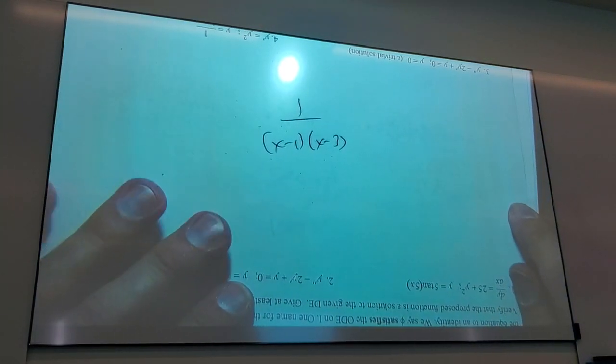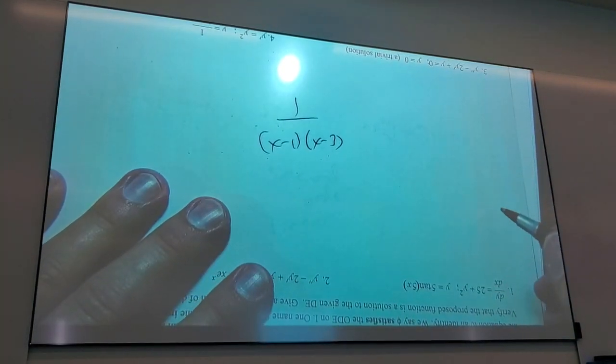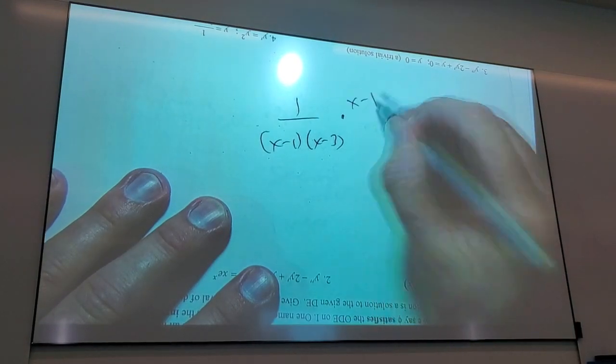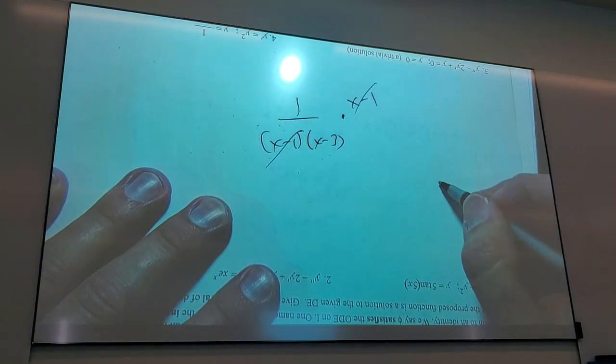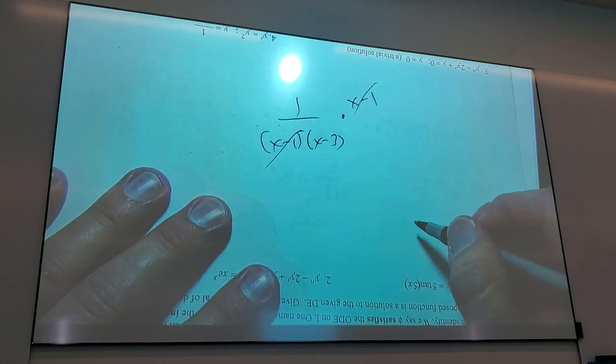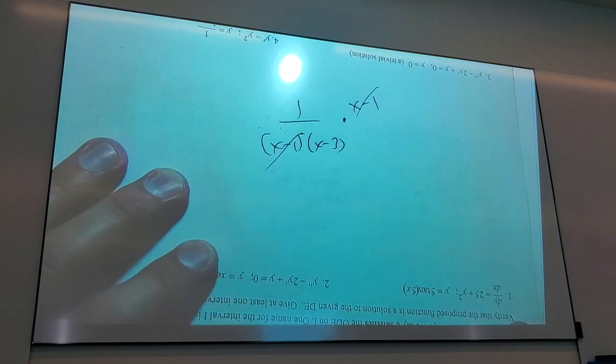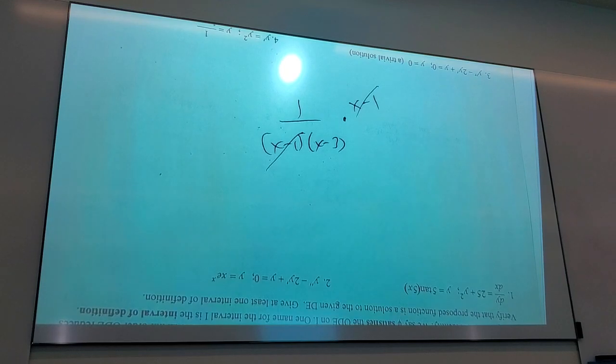What can x not be? 1 or 3. What if I multiply that by x minus 1? Don't these cancel? Is x equal 1 okay now? X equals 1 is still not okay. X minus 1 divided by x minus 1 is 1 for everything except x equal 1.